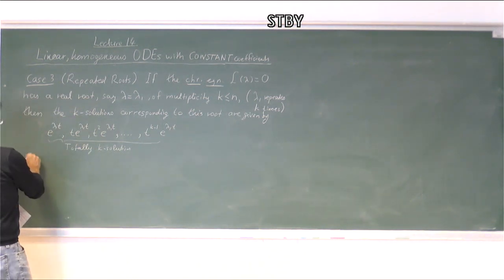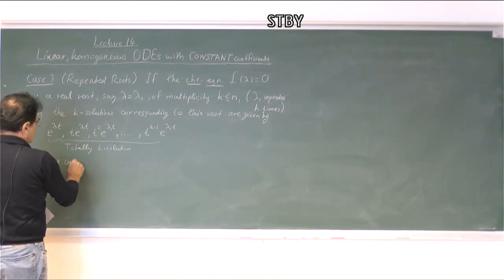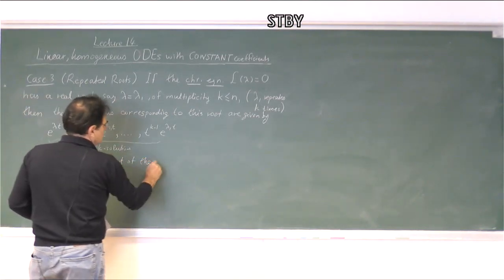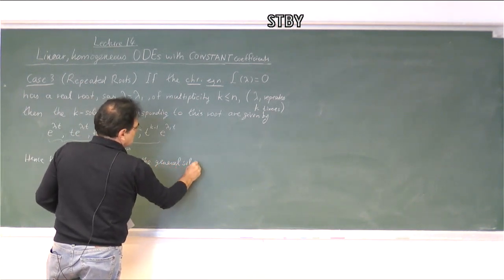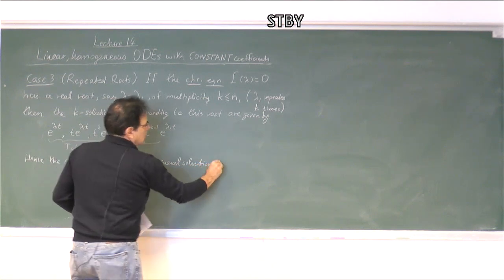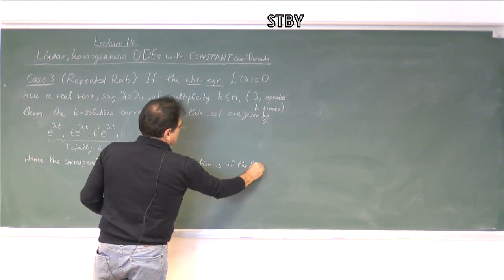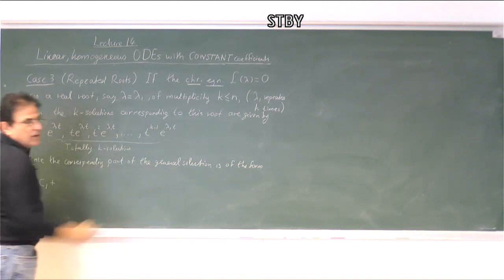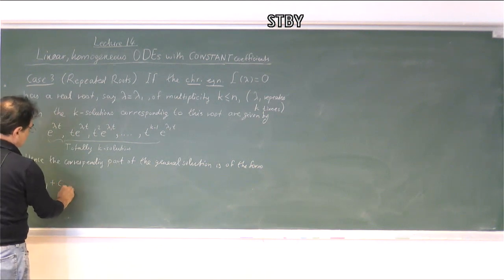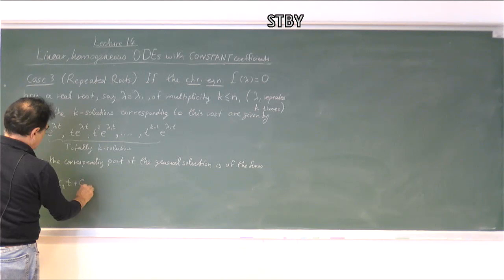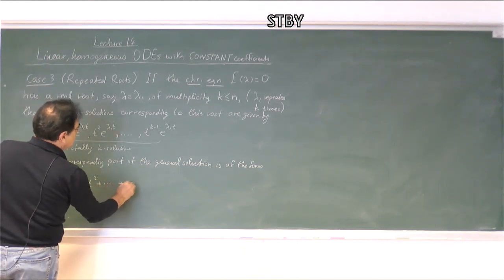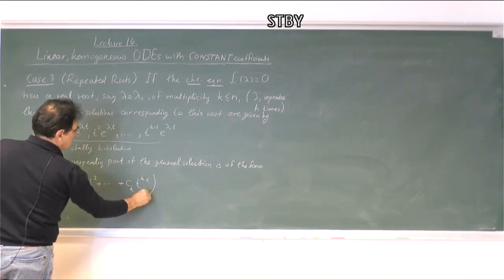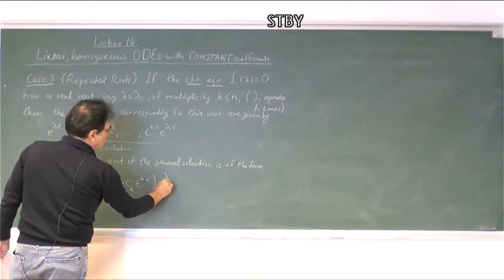Hence the corresponding part of the general solution is of the form C1, since each contains e to power lambda 1 t, so we have C1 plus C2 times t plus C3 t squared, up to Ck t to power k minus 1, times e to power lambda 1 t.